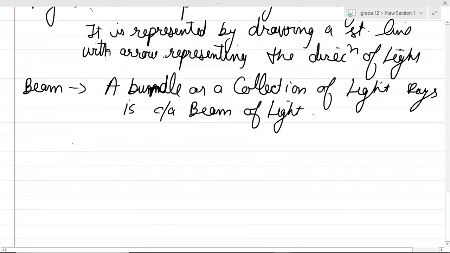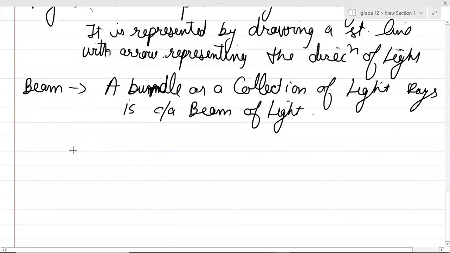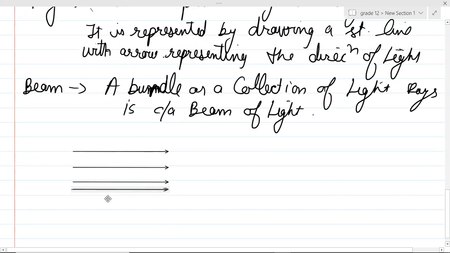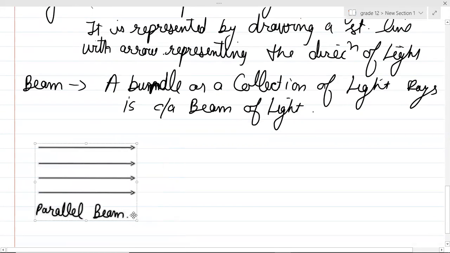There are three different types of beam. The one is basically, this one is called as... Can you see, guys? This one is basically called a parallel beam of light. Yes or no? Everyone, is this clear?